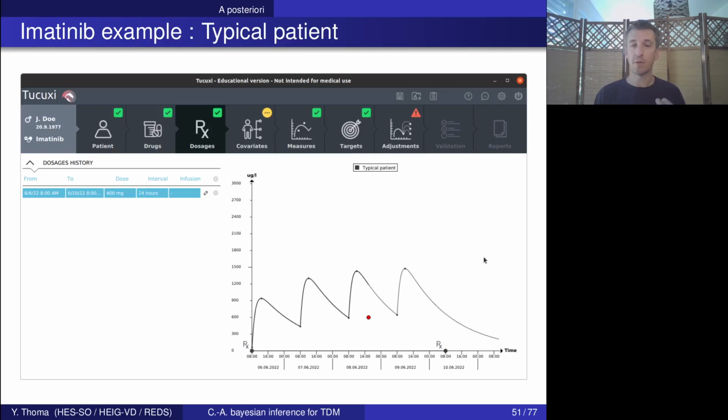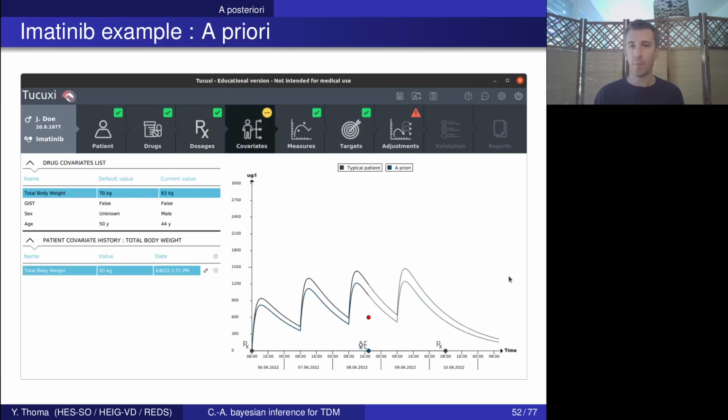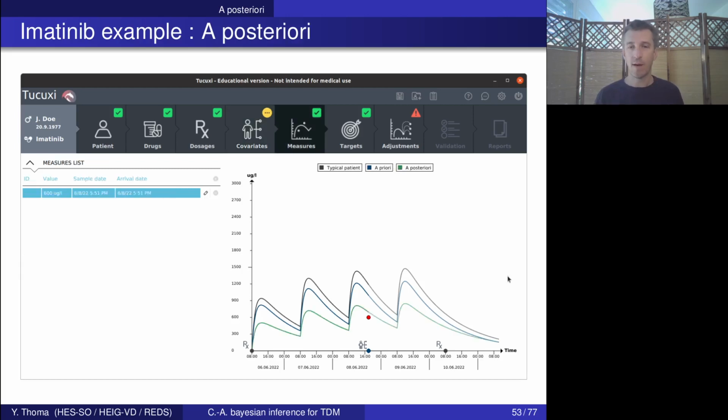So here I show you the typical patient with a measure. I chose one measure at some point in time. We have the a priori, that's the same as I presented previously. And then we have the a posteriori curve. So based on this measure, that was 600 micrograms per liter at that specific point in time, we see that we don't go exactly on the measure.